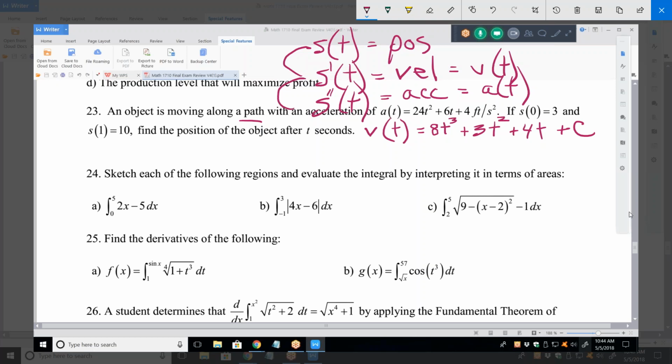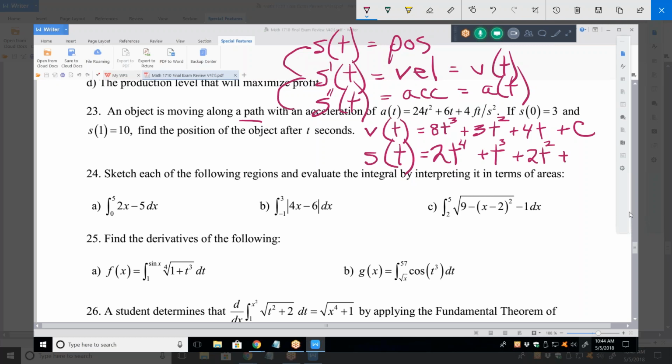So let's go straight to s. I'm going to do this quickly just because I want to make sure we get done with this problem. And I'm not 100% sure I know how to do it. I think I do.